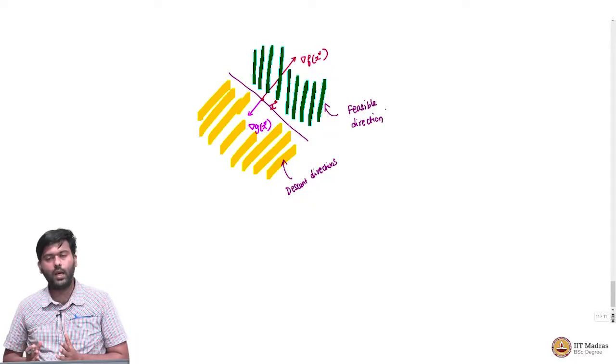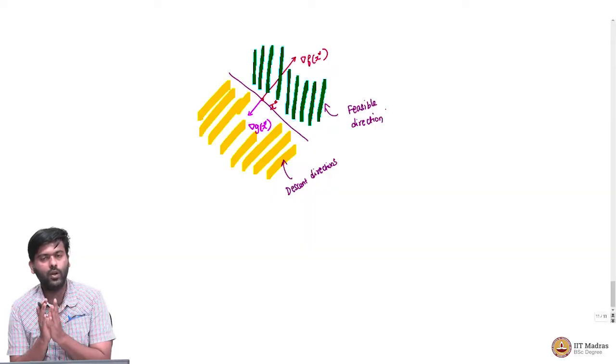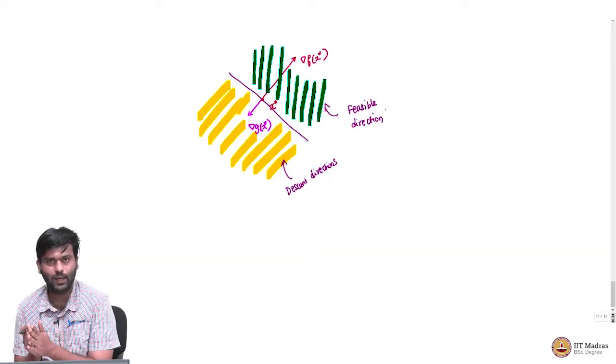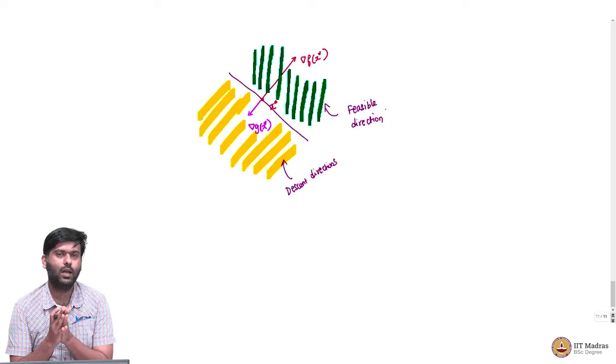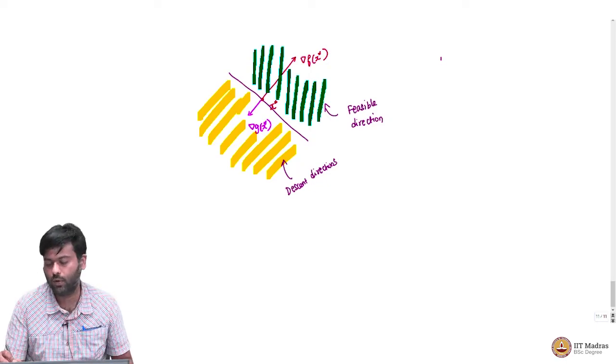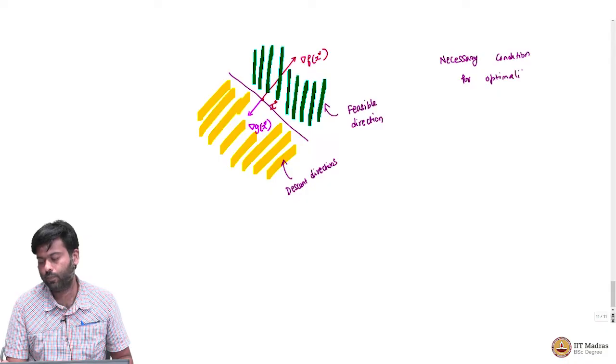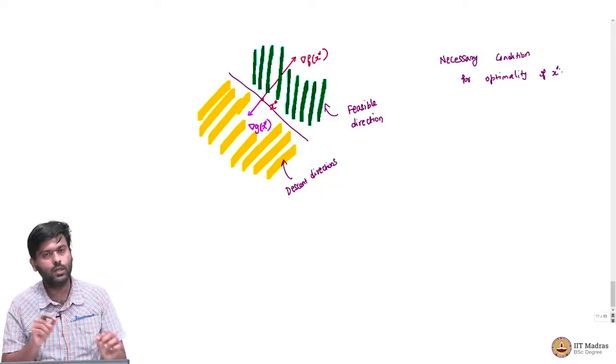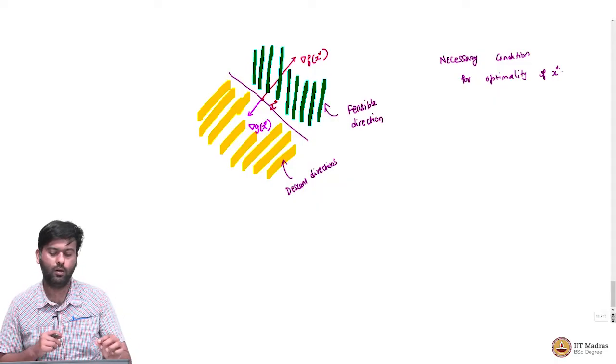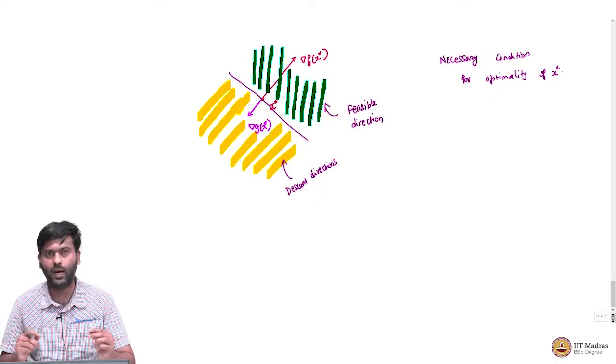Now, what can we say about this, right? Essentially, finally what we are saying is that a necessary condition for x star to be optimal is the following, right? So, the necessary condition, this is not a sufficient condition, for optimality of x star is that del of f of x star and del of g of x star should be anti-parallel.